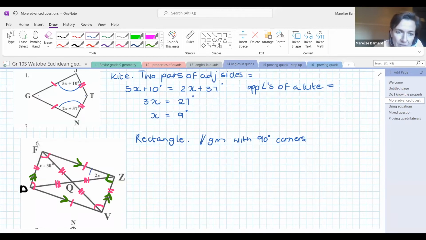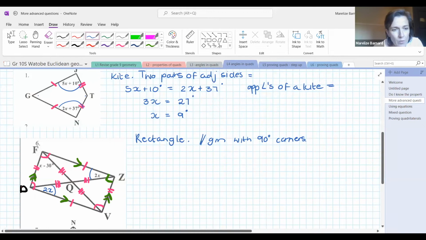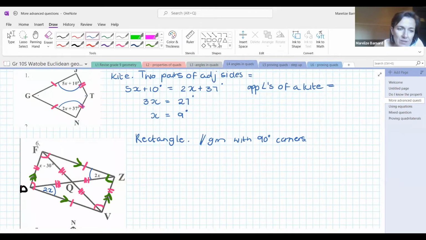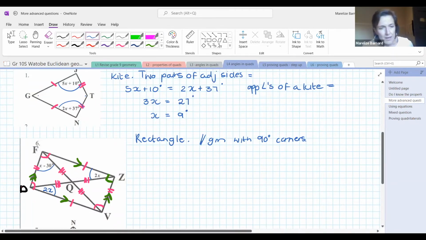Okay, so if this is 2x, I'm going to put 2x here as well, because that is alternate angles. Those sides are parallel. FZ is parallel to DV. Not much more I can do there. What I can do now is go to the other thing that's given, which is x minus 30.